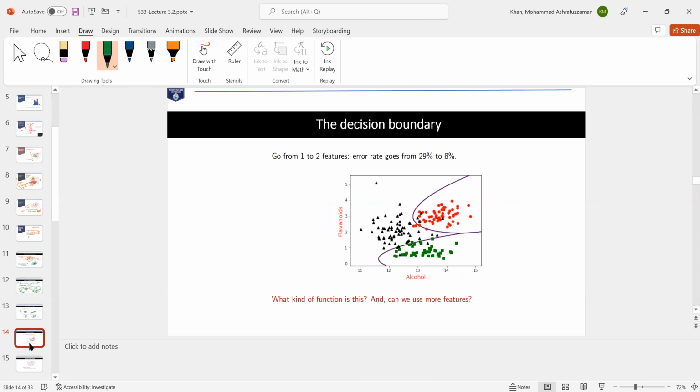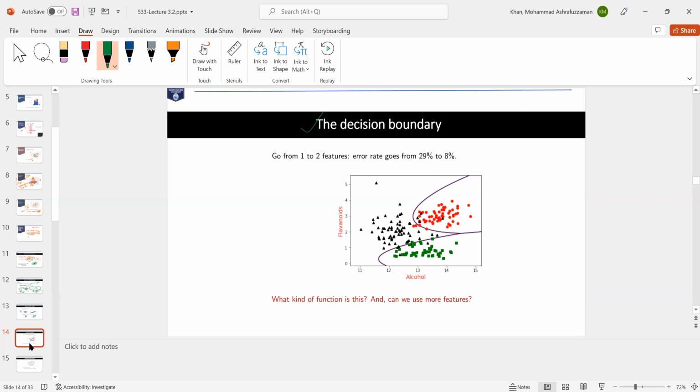So now we'll talk about decision boundary. We use decision boundary to find classes.